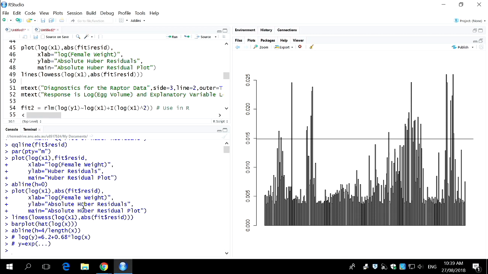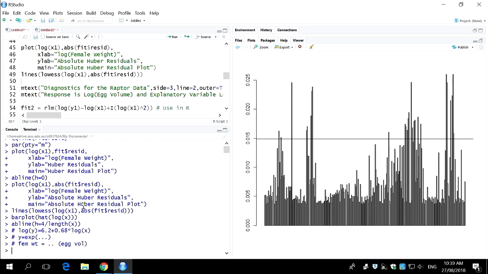And then make sure you come through and write it as what it should be, which is female weight equals ... as a function of egg volume, right? So write it in the original variables. So always write down your model, okay? I'm typing ... so you don't have to watch me fluff around trying to type weird numbers, okay?